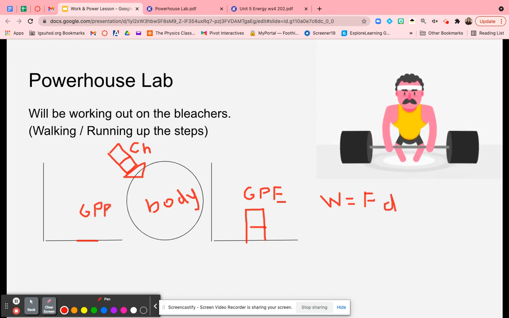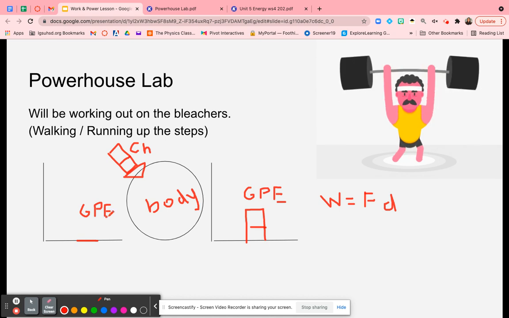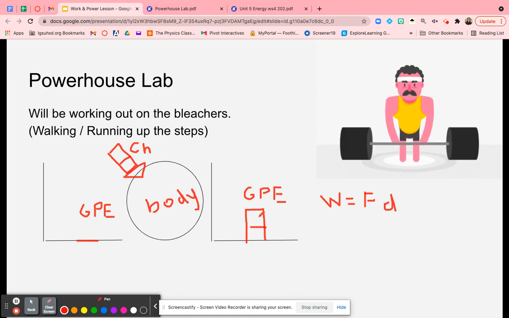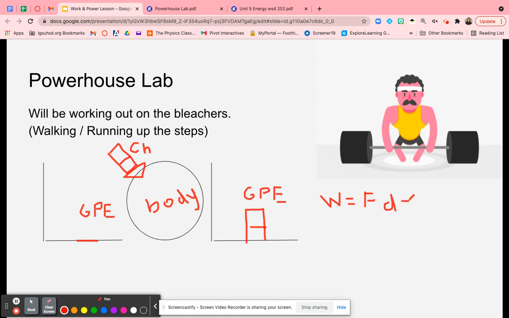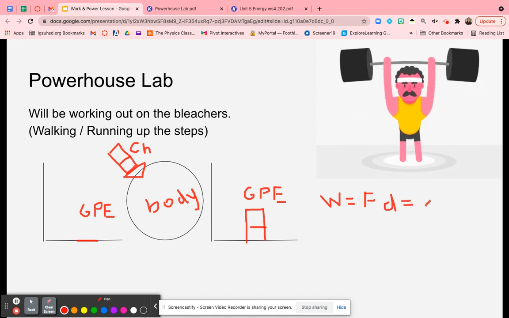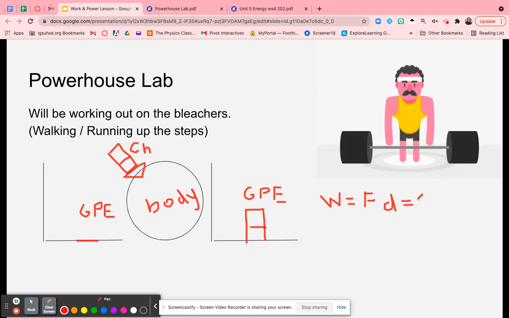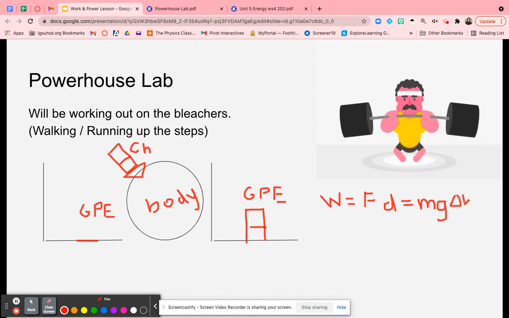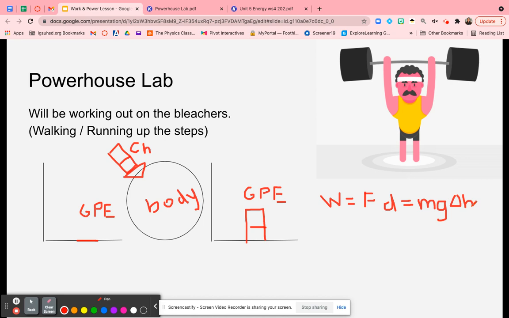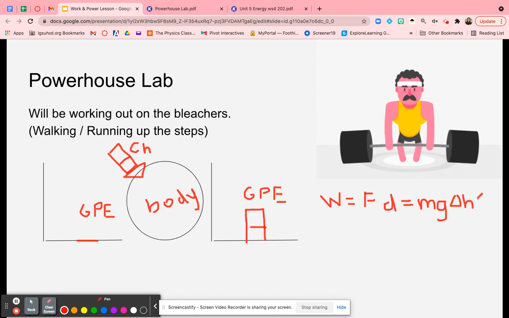I don't know how much that is yet, but I know that this is my change in energy. It is a change in gravitational potential energy. So force times distance is going to equal my change in gravitational potential energy, mg, and I'm going to put delta H here. And the reason why I'm putting delta H is because work is a change in energy.